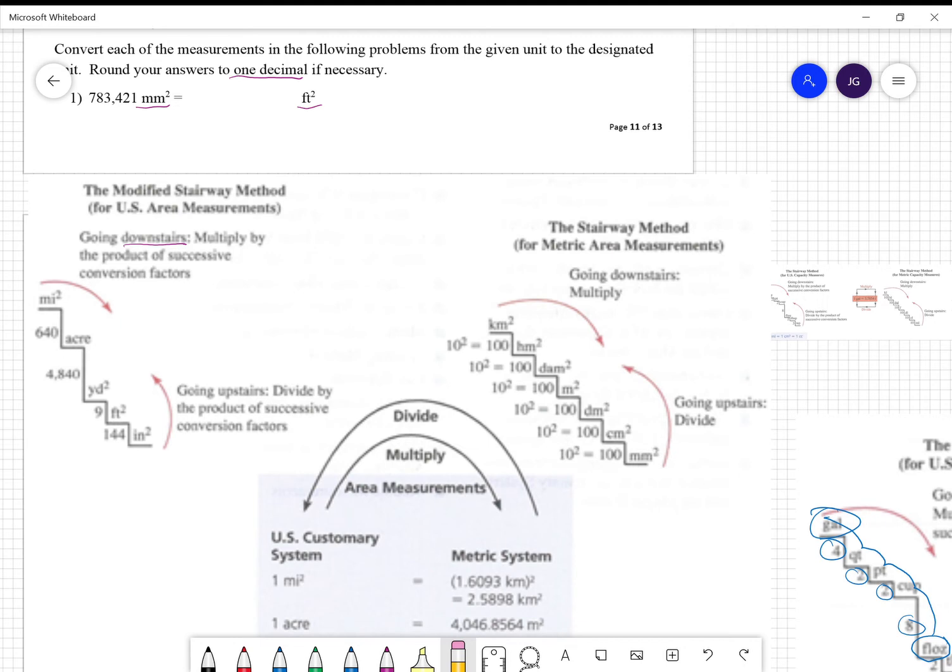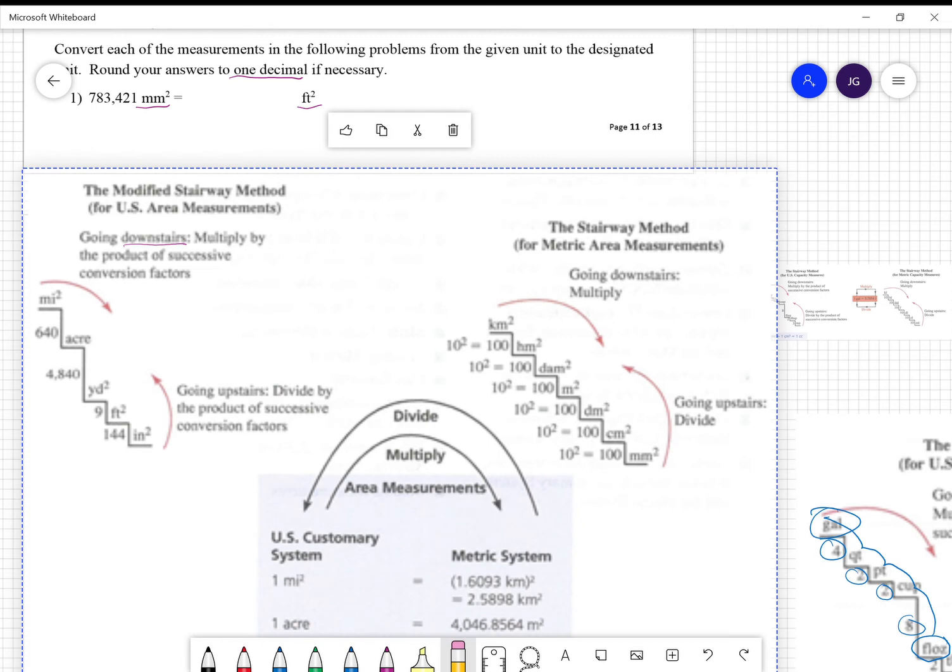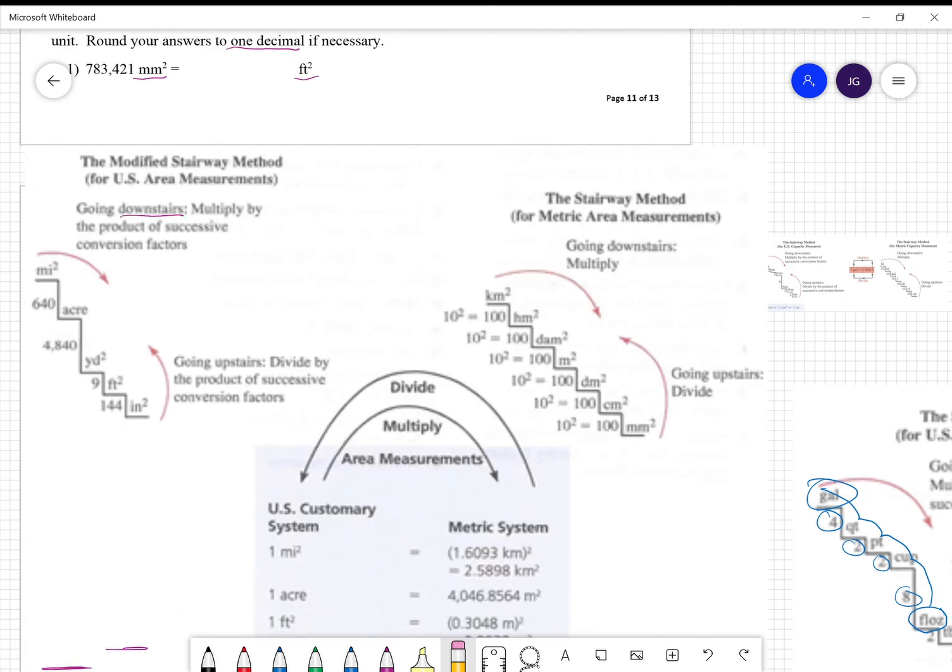I have to slide this up just a little bit because I don't see feet in my table, but I know it's there. The only one that's not there is the yards. Okay, so here's my feet squared. Sorry, I have to move it a little bit more.